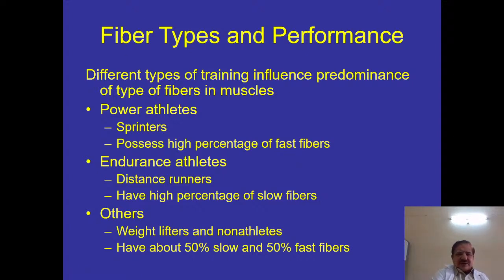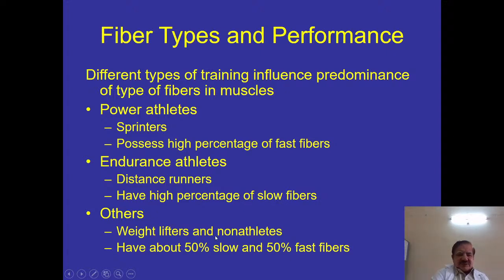For endurance athletes, distance runners, the distance is prolonged, so they start slowly and then pick up, and have a high percentage of slow fibers because they have to endure for a longer distance. Slow fibers fatigue very slowly. In that way, slow fibers are more in endurance athletes.